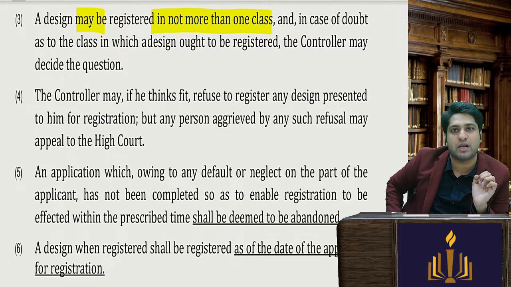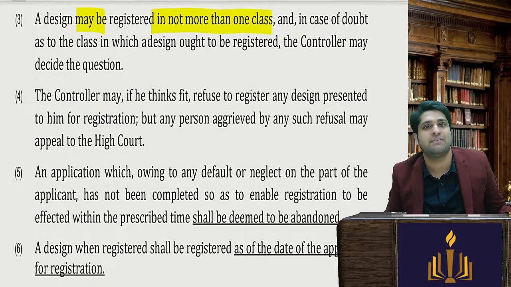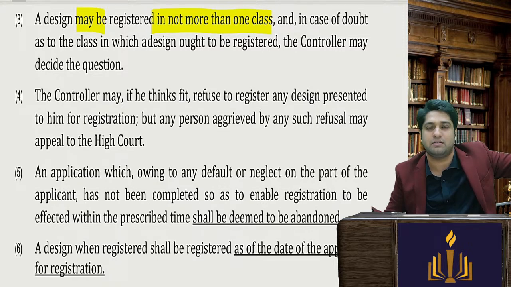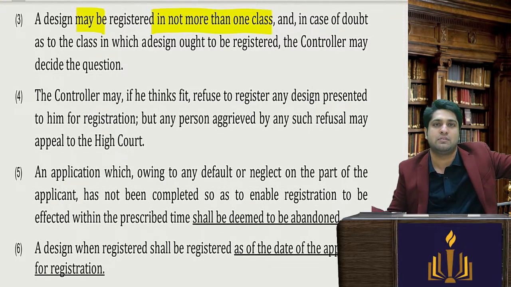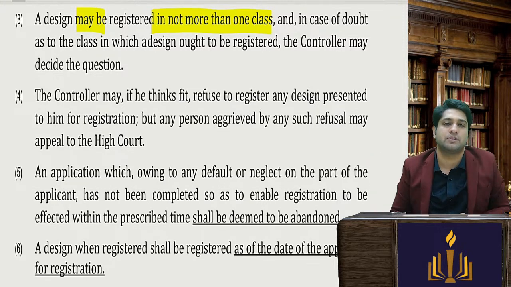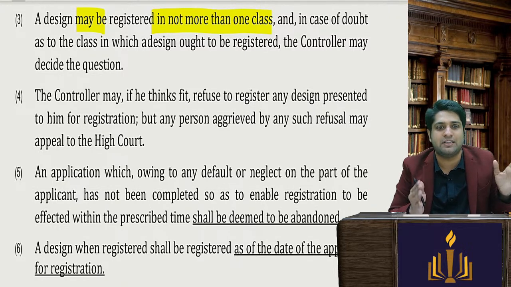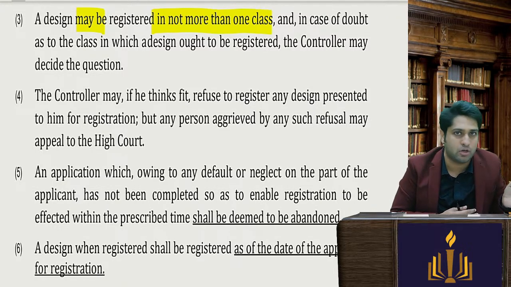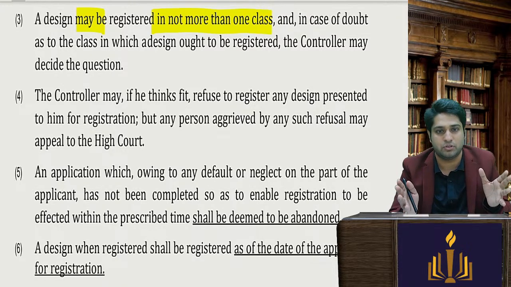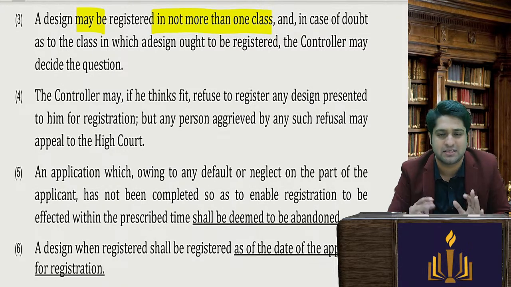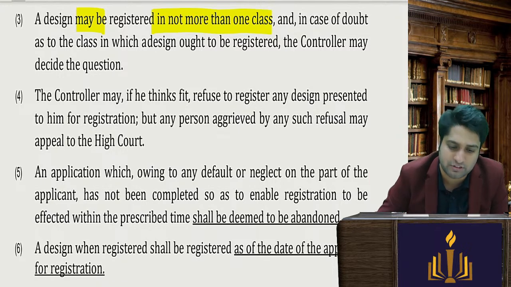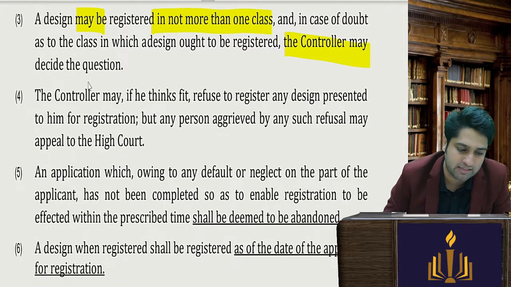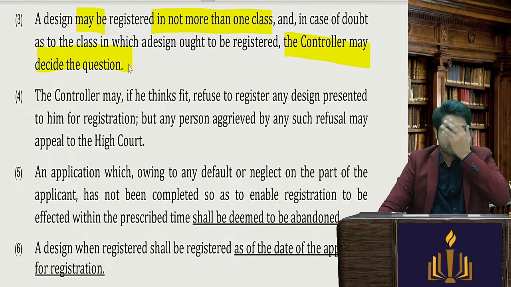But there could be some products which are in between. Let's say we have a laptop and we have an iPad, or notebook laptops. So we don't know exactly which category it will fall in. Will it fall in laptops? Will it fall in these small desktops? So again, the class or category of product in which it will fall will be determined by the controller.